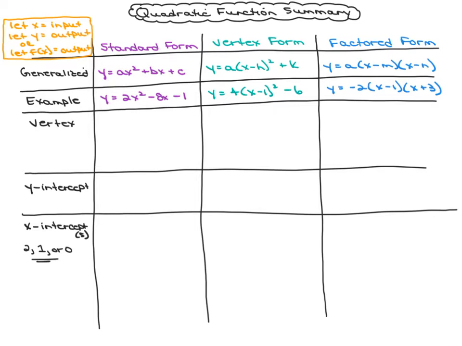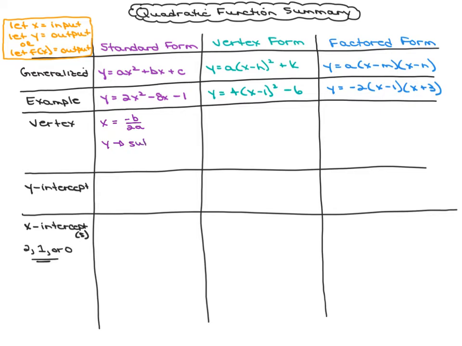To find the vertex of standard form, we first find the x value. And we use a really great little pattern to do that, which is negative b over 2a. Once you substitute that in and simplify it, you have the x value of your vertex. To find the y value, you're just going to substitute the x value into the function and solve.